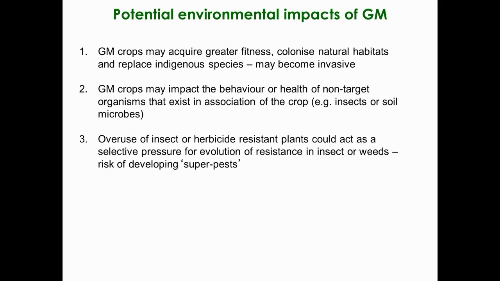These insect-resistant plants or herbicide-resistant plants could potentially provide a selective pressure to gain resistance. For example, with regard to the Bt crops, if they're being overused, it's possible that insects feeding on these plants, but not all exhibiting 100% mortality, could evolve resistance to the toxin and therefore become an even greater pest.